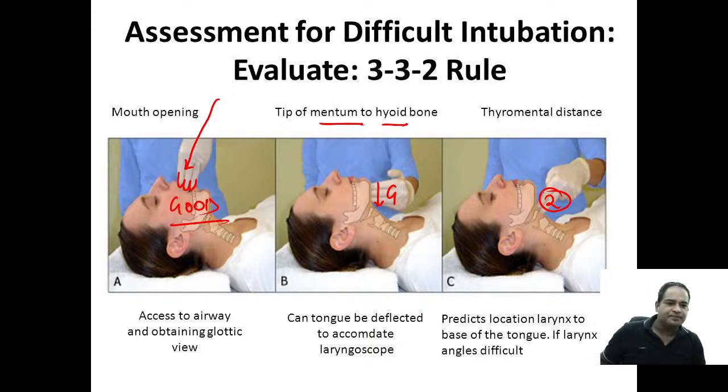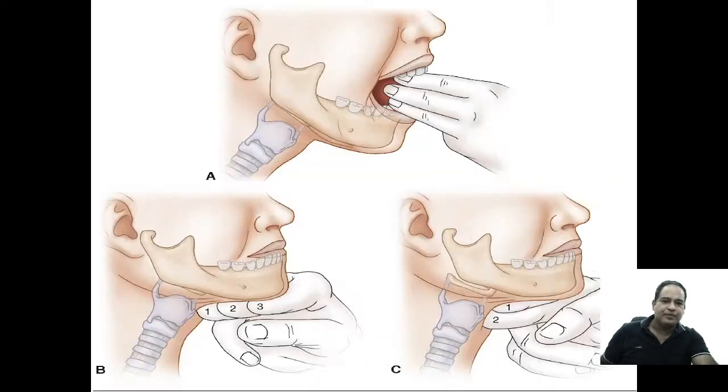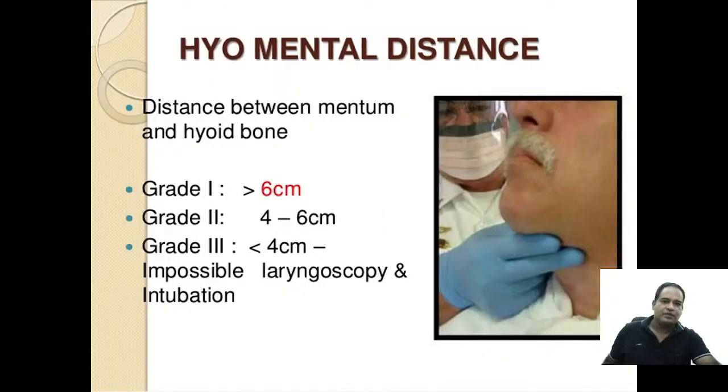Good airway. See here. So this is 3-3-2. Hyomental distance.